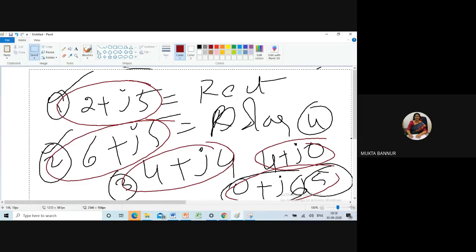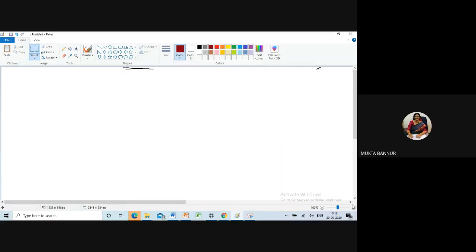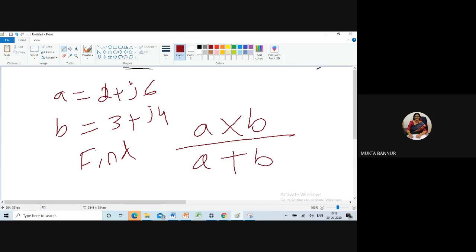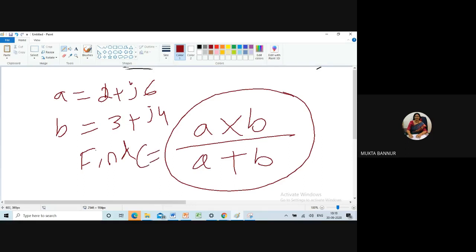We need to know these things to analyze AC circuits. One more thing. Suppose A is equal to 2 plus J6 and B equal to 3 plus J4.